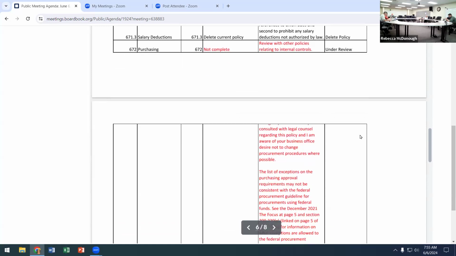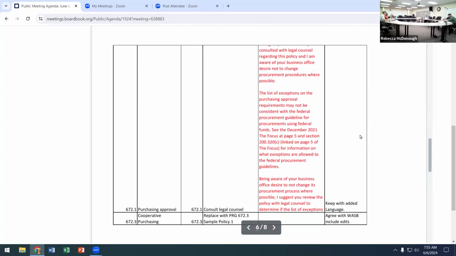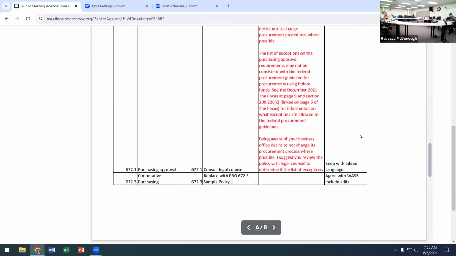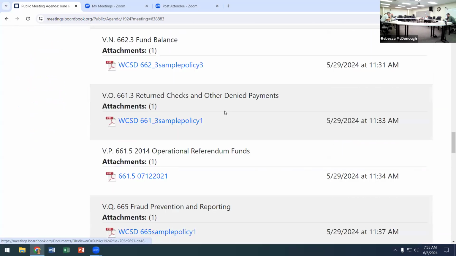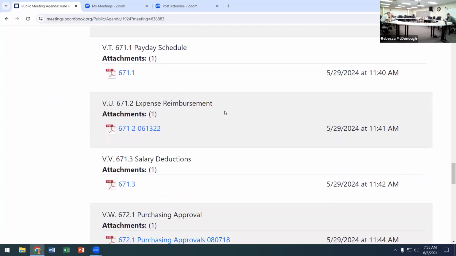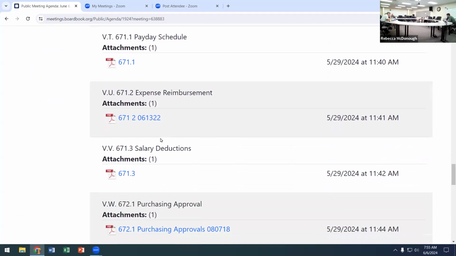672 is with regards to purchasing. That one is still under review. And then we have 672.1, which is purchasing approvals. The one piece that we changed here, and you'll see it in your policy, is that this policy generally was referring to non-federal funds.